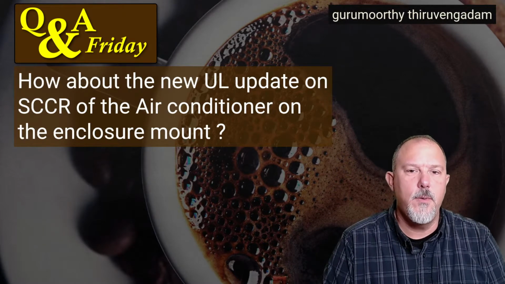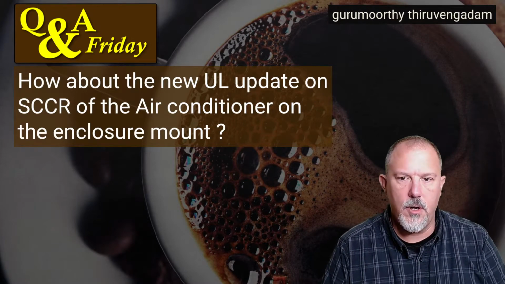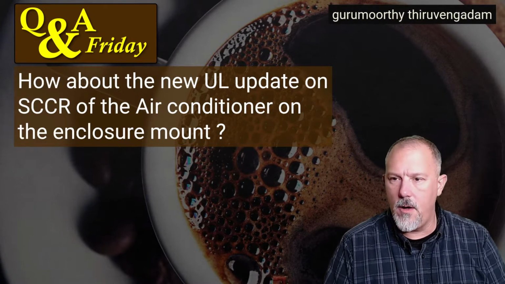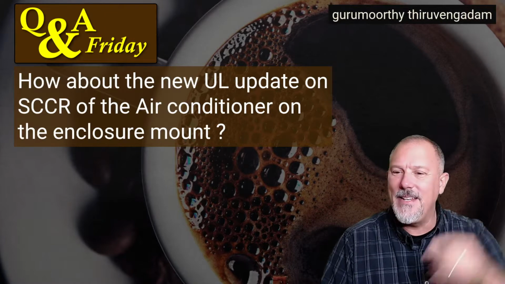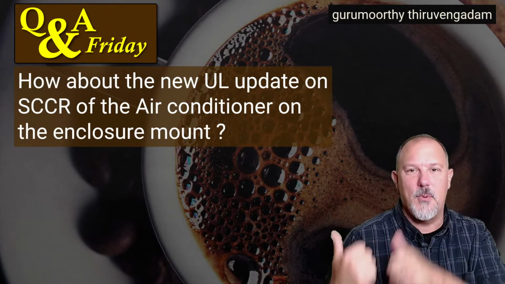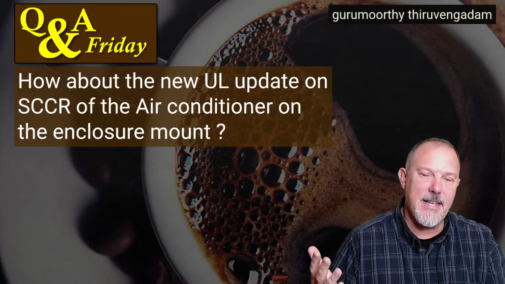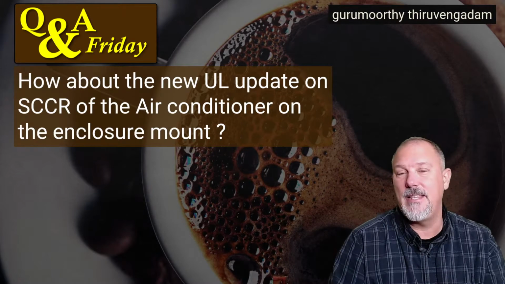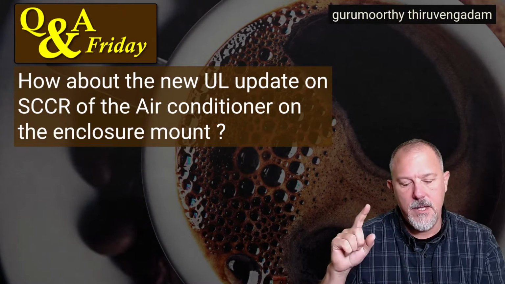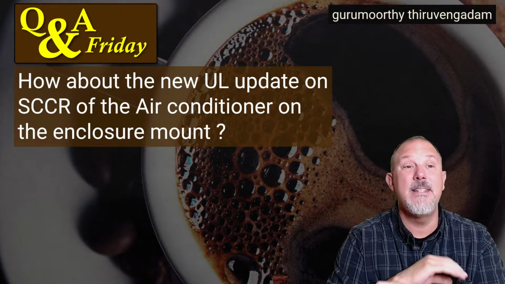How about the new UL update on SCCR of the air conditioner? No, Ryan, they did not break 110.16b. They're simply pointing over to 70E. And the data that they had in there, the clearing time, the available fault current, and whatnot, does absolutely nothing.